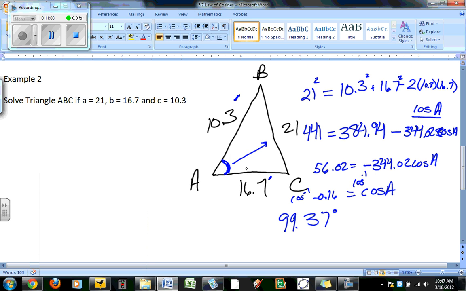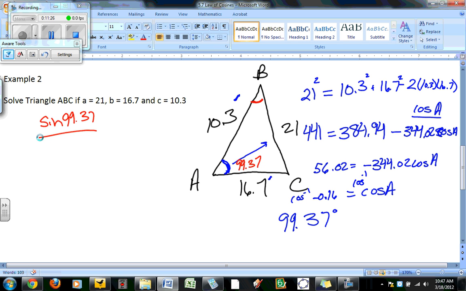And now again, like I said, if you don't like the law of sines, you can continue using the law of cosines if you want to, but the rest of this just falls apart using the law of cosines. So we can use the law of sines. Let's say we want to solve for angle B. So we can say the sine of 99.37 all over 21 equals the sine of B all over 16.7.